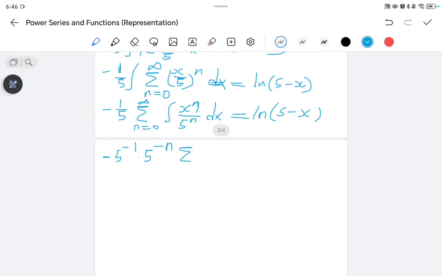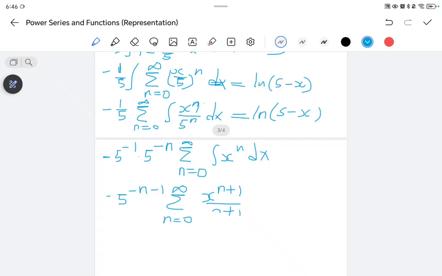Then summation, I just took out this one as a constant, right? n equals 0. I integrate x to the n now. Then this will be minus 5 to the minus n minus 1 summation from n equals 0 to infinity of the integration of that, which would be x to the n plus 1 over n plus 1. You see, right?